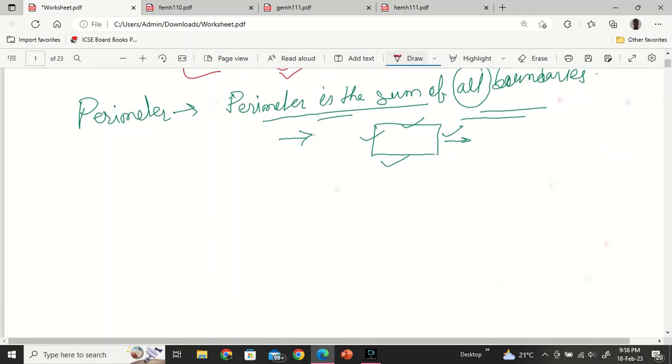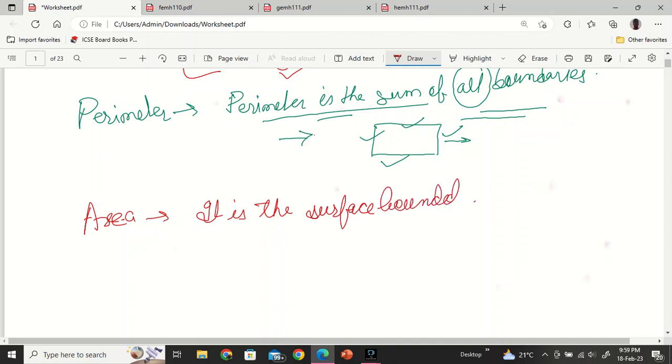Now I want to define what is area. It is the surface bounded by boundaries.